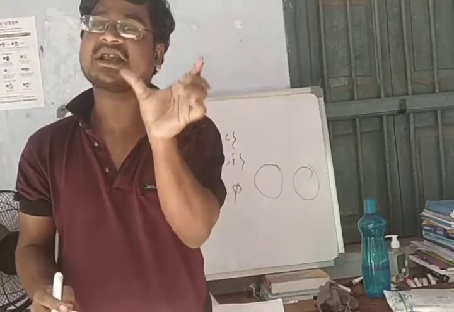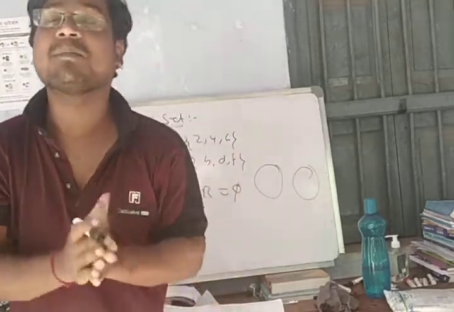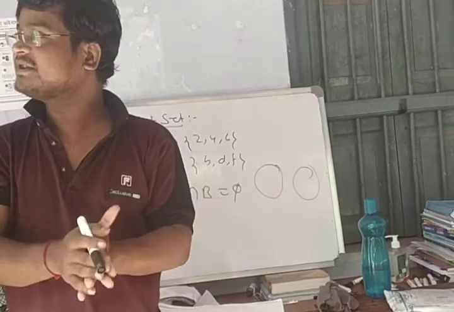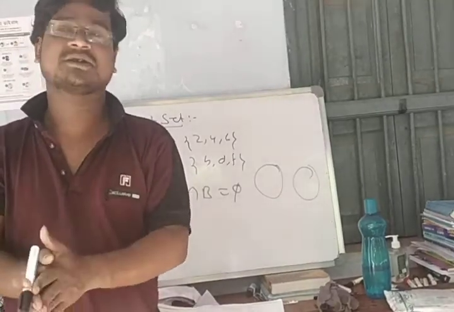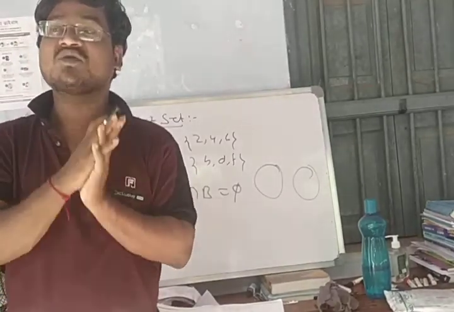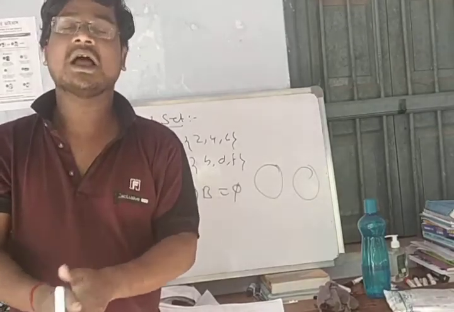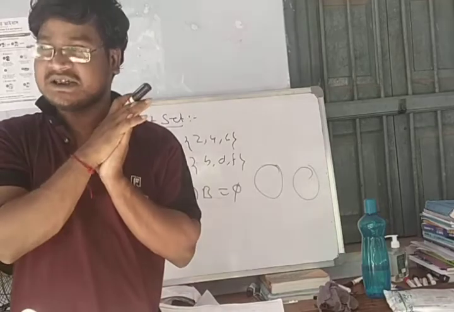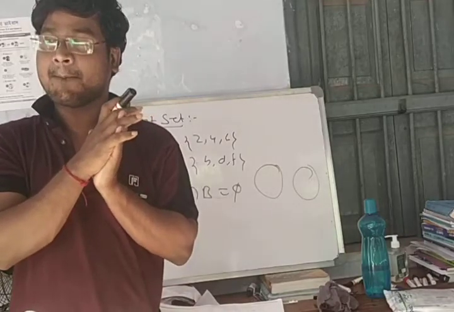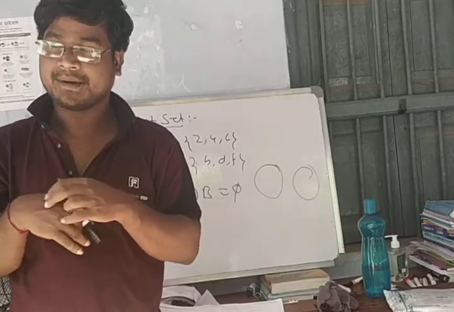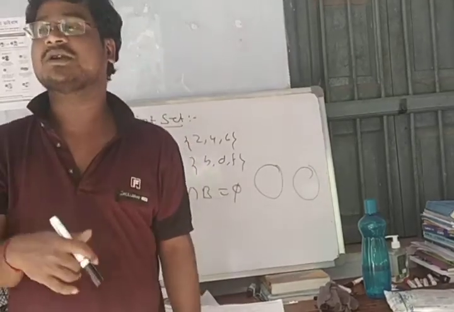Finite means it has a finite or limited number of elements. Infinite means it has an unlimited number of elements. Null set means it has no elements. Singleton set means it has only one element. And then there are the equal set and equivalent set.